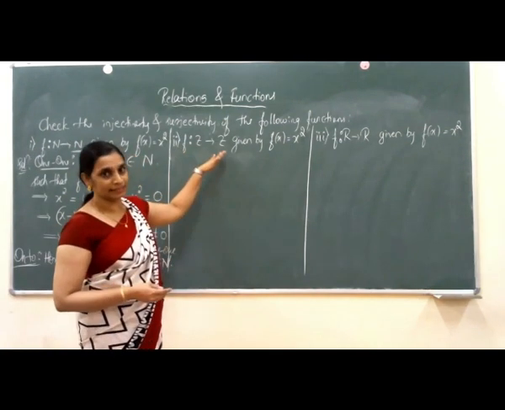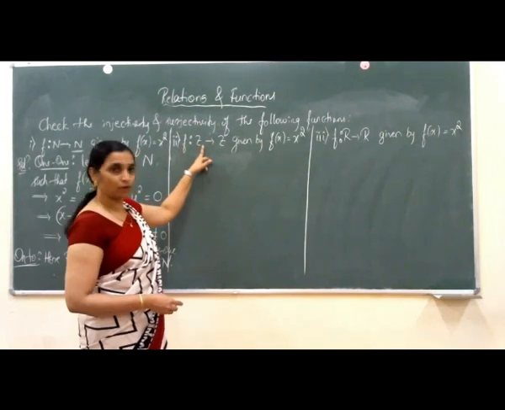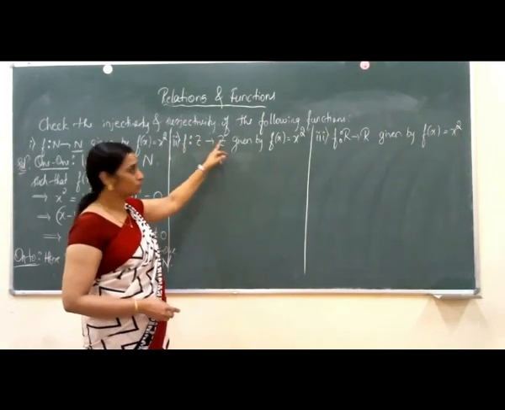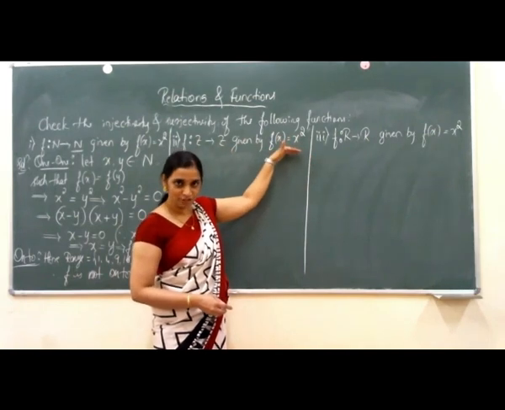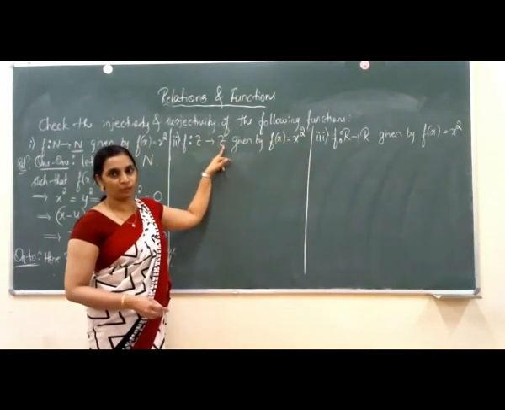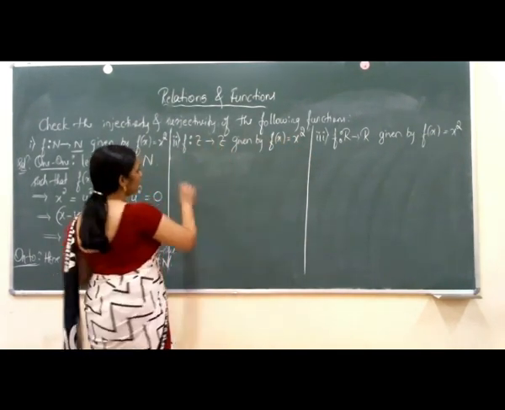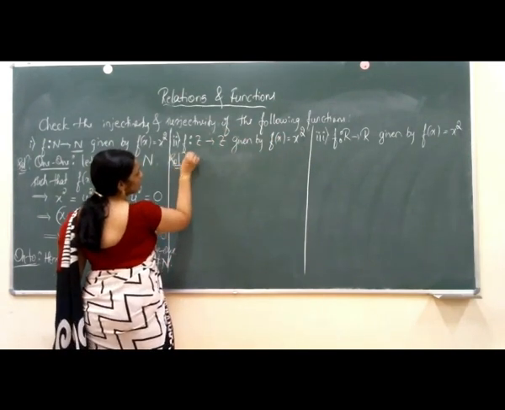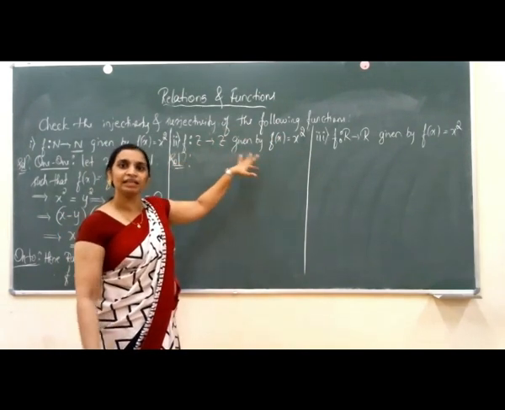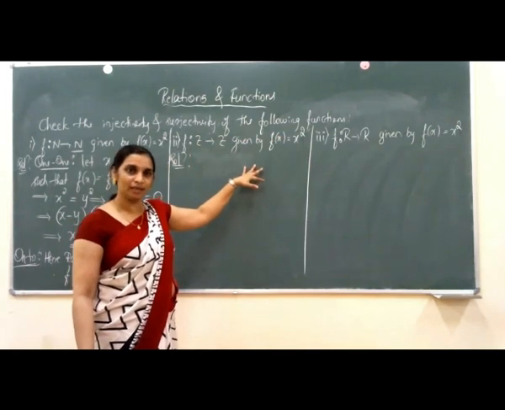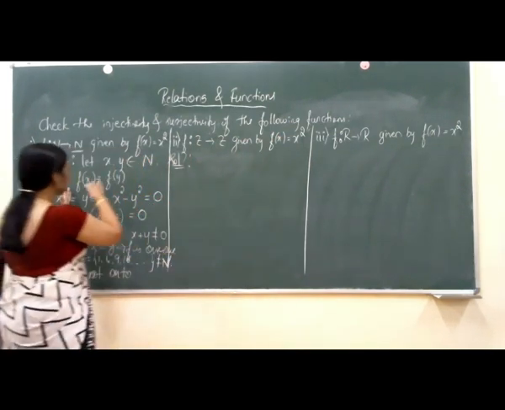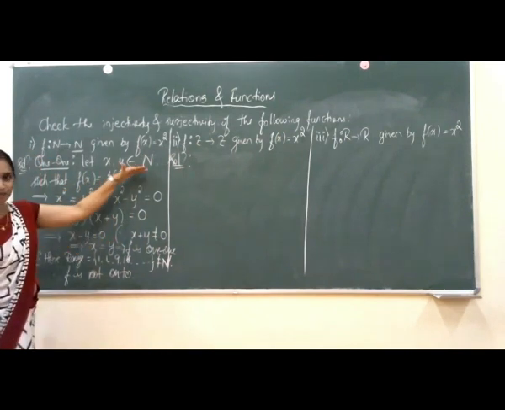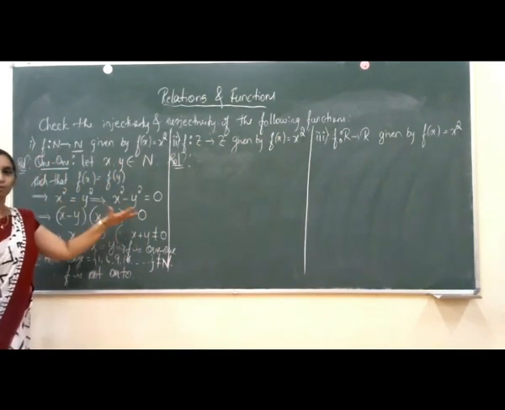Moving on to this second example, f from the set of integers to integers, Z to Z, given by f of x is x square. Same definition, but the domain and codomain are different. Now here there is no need to consider any two elements in the domain and check whether the images are the same or different, because in the previous example we took arbitrary elements x and y and then proved.